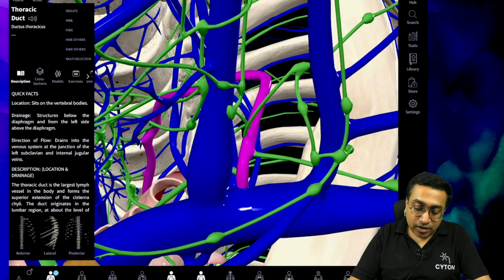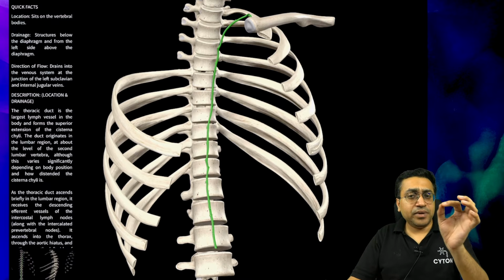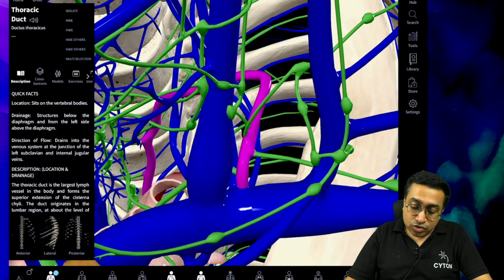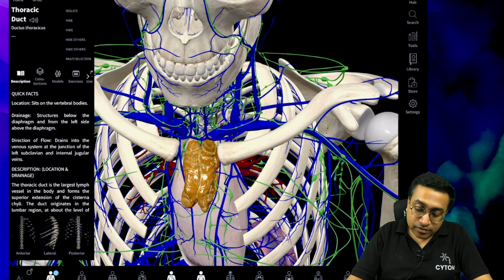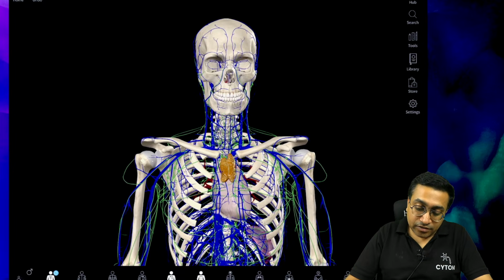We will discuss that. You can see the length of this thoracic duct is so big as compared to that one. This has some beaded appearance also due to the valves in the walls. We will discuss that. So this marks us very importantly understanding the venous and the arterial supply.